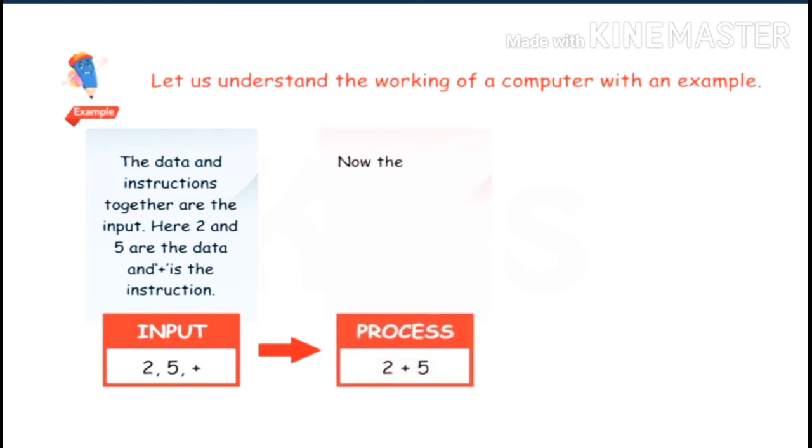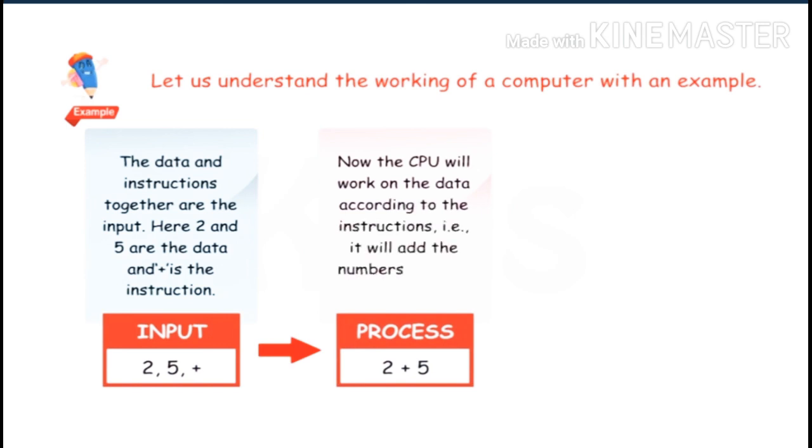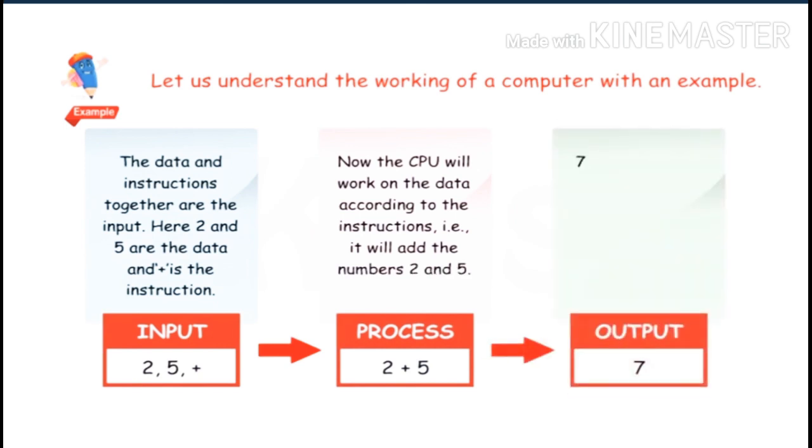Now the CPU will work on the data according to the instruction, that it will add the numbers 2 and 5. Then 7 is the correct result or output of the sum. 2 plus 5 equals 7. So dear students, this is our result.